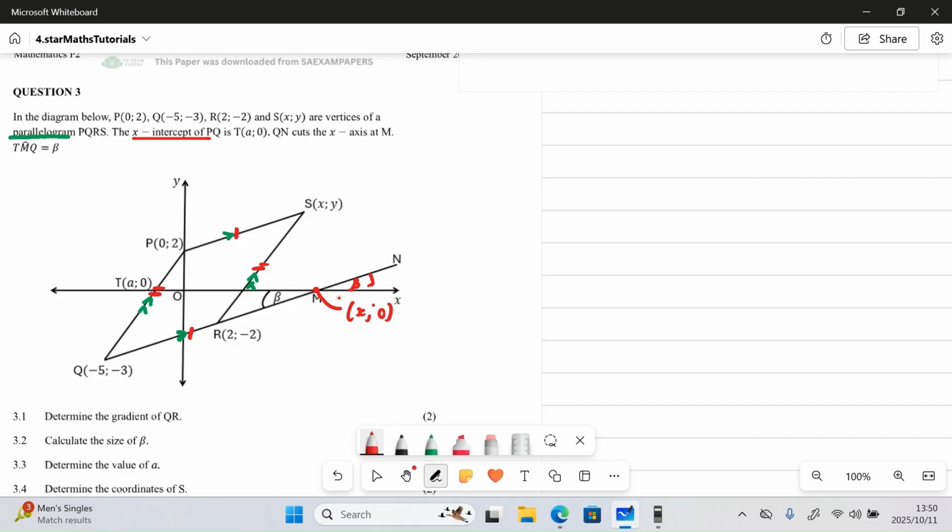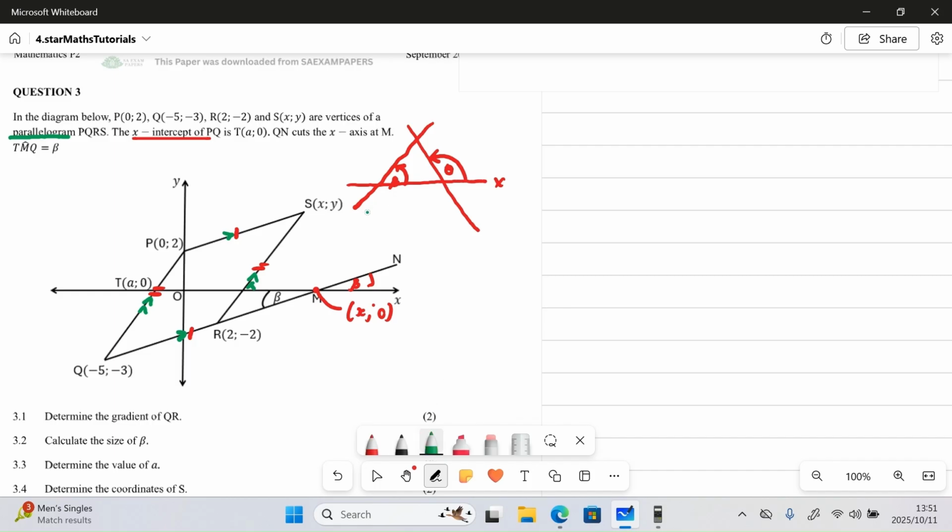Remember, the angle of inclination is the angle between the line and the x-axis. If this is my x-axis and I have a line like this, the angle measured from the positive x-axis anti-clockwise to the line is the angle of inclination. If I have another line like that, the angle between the x-axis measured anti-clockwise is the angle of inclination.